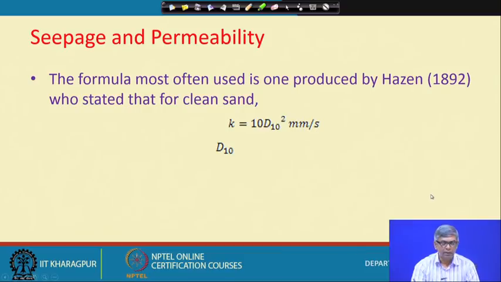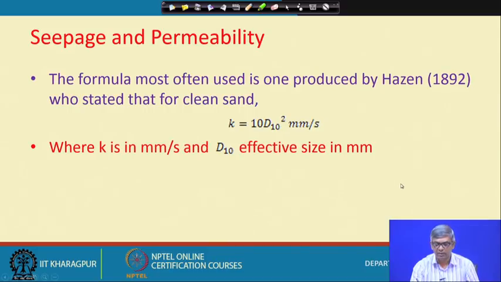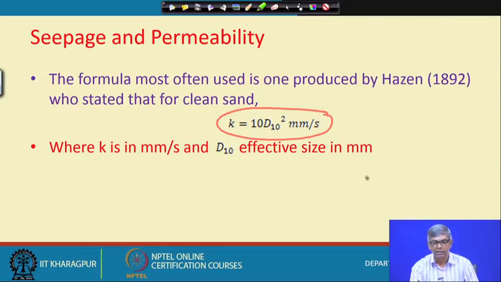Now, this permeability value, we have told qualitatively the flow of water through this, but what is the value for different soils? Over time people attempted to find out the value, and Hazen has given one relationship, which is also empirical: k equal to 10 into d10 square, where d10 is the effective size, that is, the diameter at which 10% is finer.